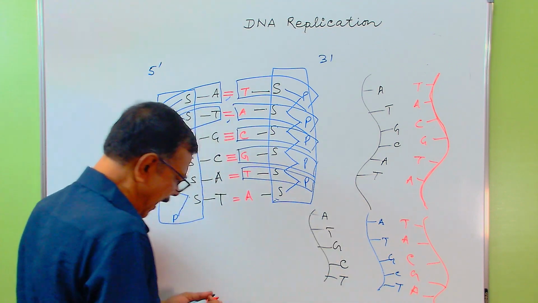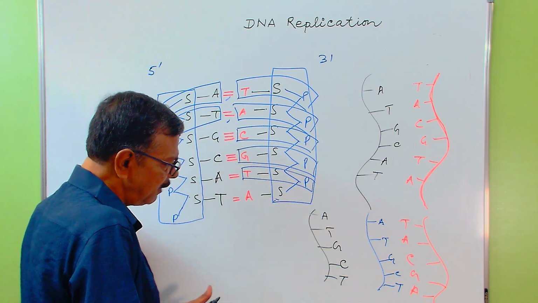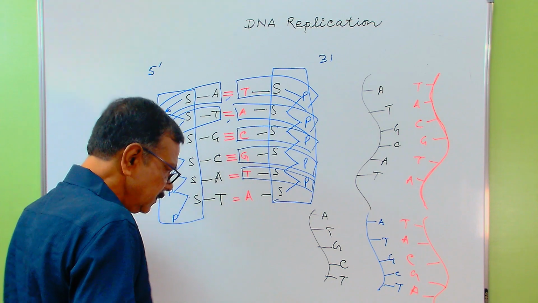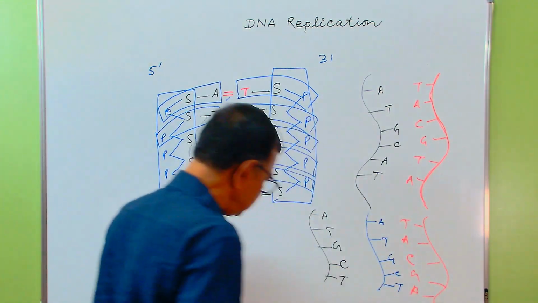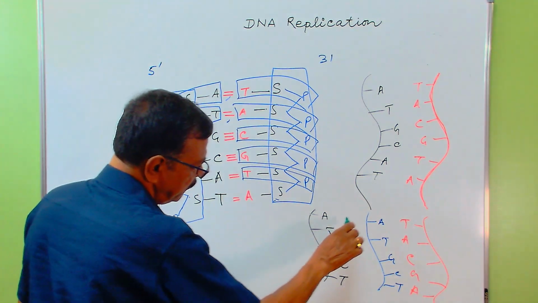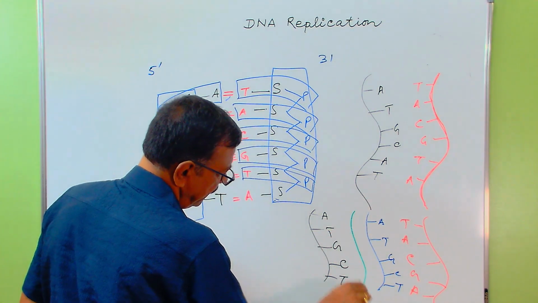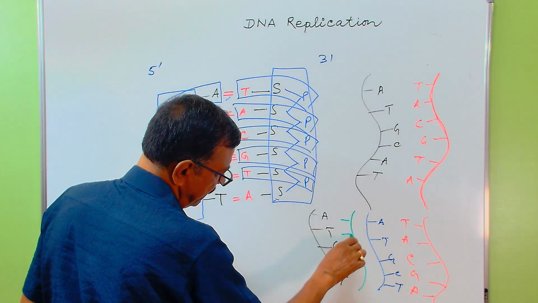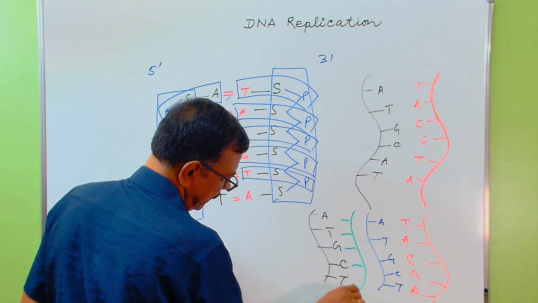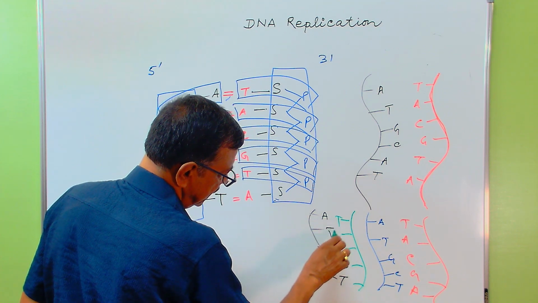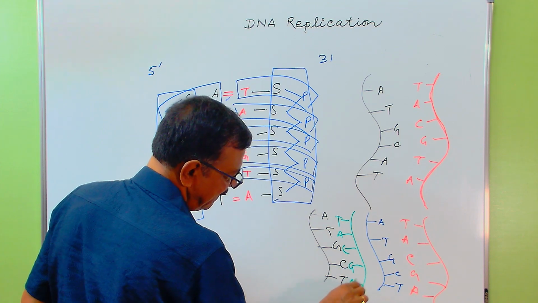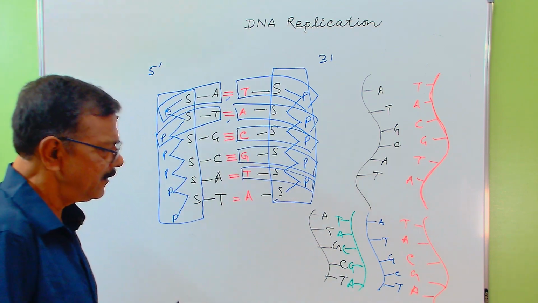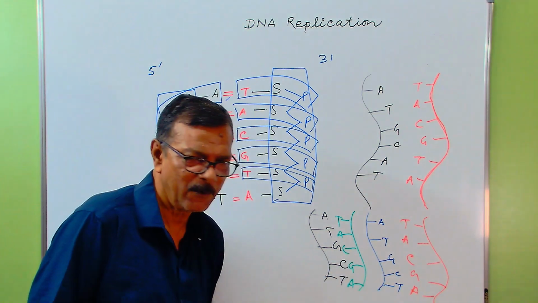Again, this one will have, let me have some other color, this one will have A, T, A, G, C, G, A, with this sugar phosphate backbone.